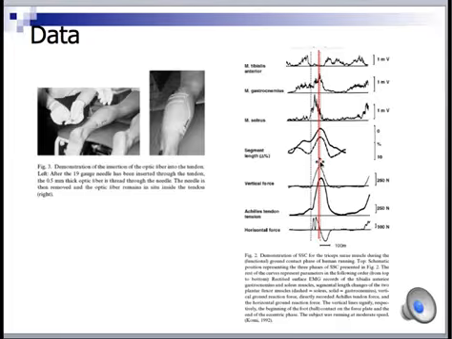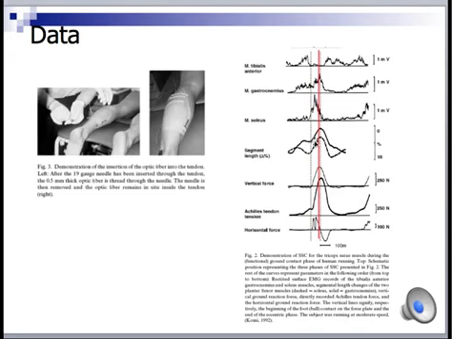And we can see over here to the right his data. So we have EMG activations, and these of course are rectified signals that tell him about the neural drive. This is to the anterior tib. This is to the medial gastroc muscle, which is one of the calf muscles, and the soleus muscle, which is the deeper calf muscle. And then he also was able to obtain the length of the muscle itself.